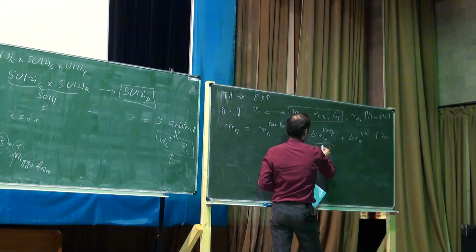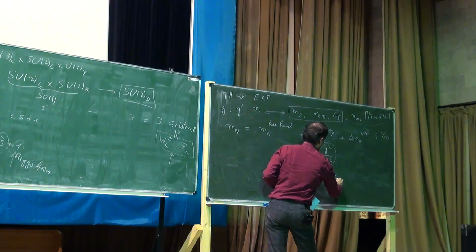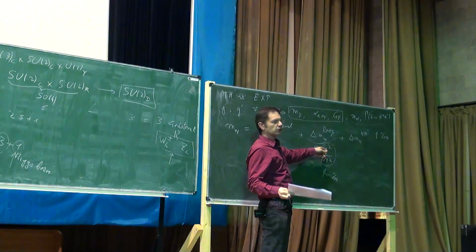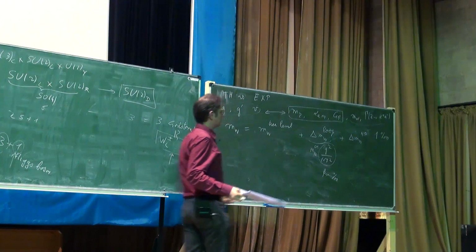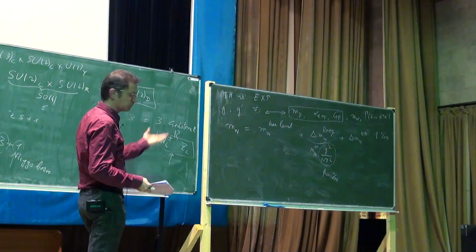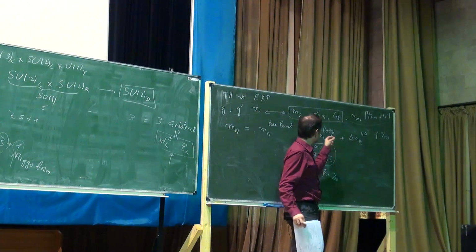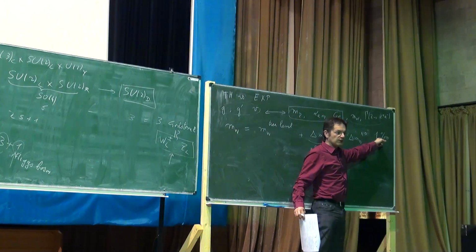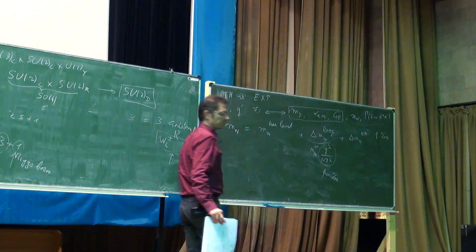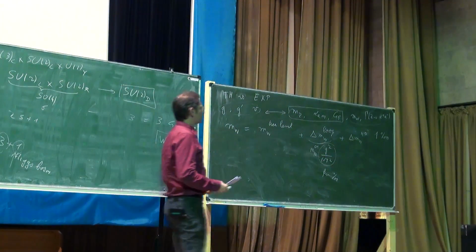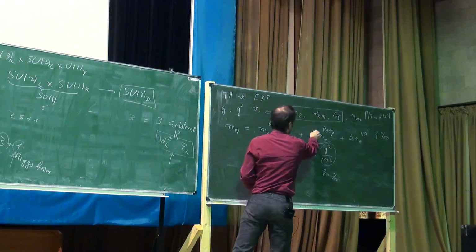And clearly this is of the order of a few per mil, right? g is of the order of 0.1, 0.2, whatever. 16 pi squared is a number a little bit bigger than 100, so it's typically a few per mil. So this is exactly what I was telling you. You cannot neglect those quantum corrections because they are of the same order as the experimental precision. So certainly, if you want to do the comparison between theory and experiment, you need to include all these quantum corrections.